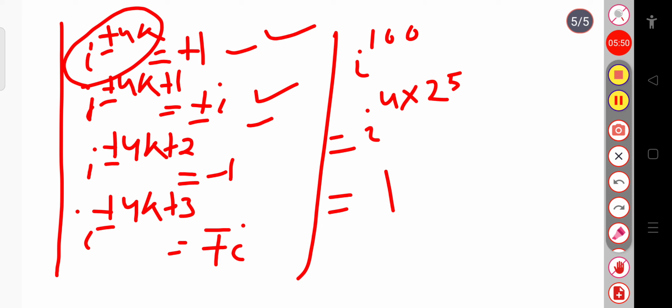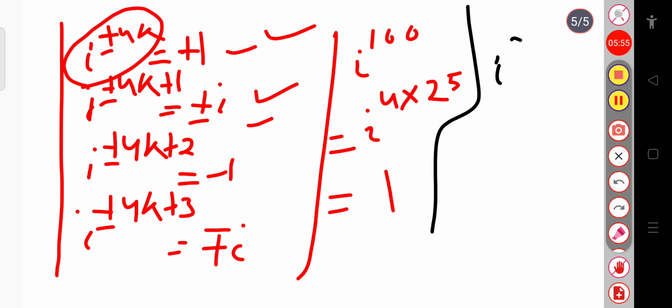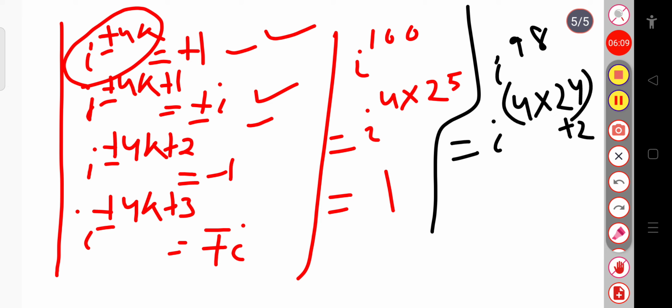Let us take another example. Suppose this is i power 98. You can write, divide again by 4, so that will be 4 into 24, that will be 96 plus 2. So you have to check plus 4k plus 2, because this will be plus 4k plus 2.